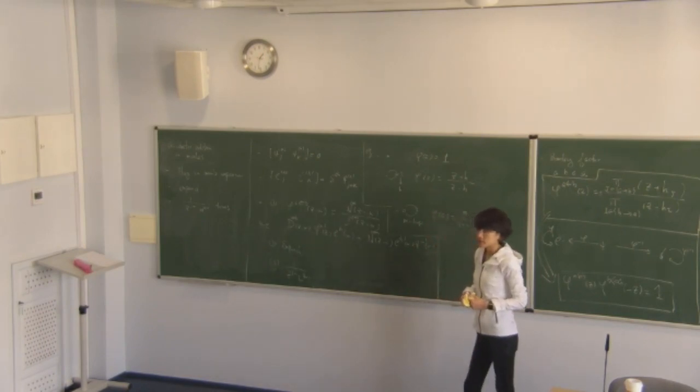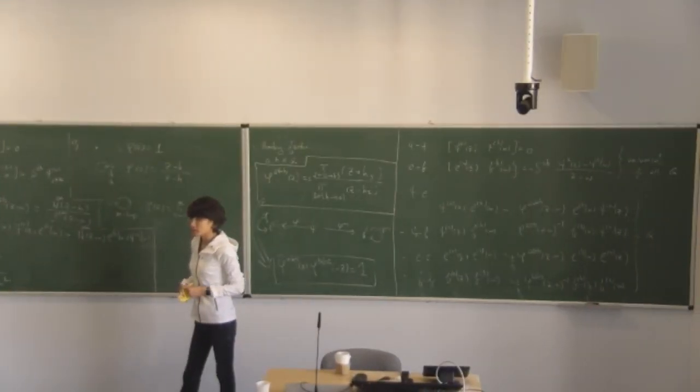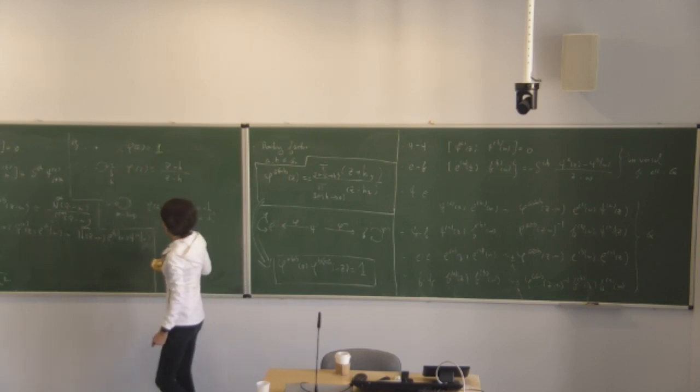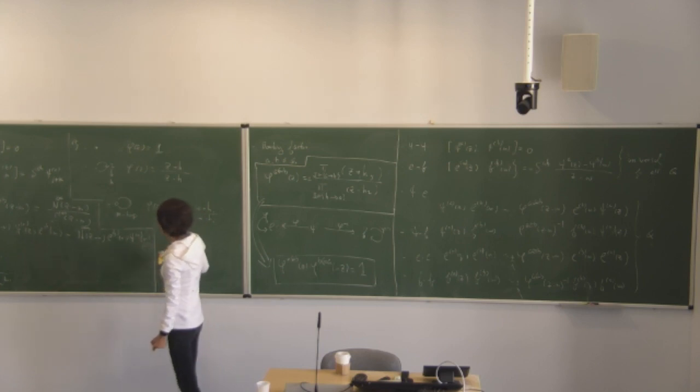Usually when we put a loop, we say it's an adjoint representation. Is that the way you would take it to be? Yes, normally that corresponds to adjoint. But here I'm not talking about any physical setup yet.